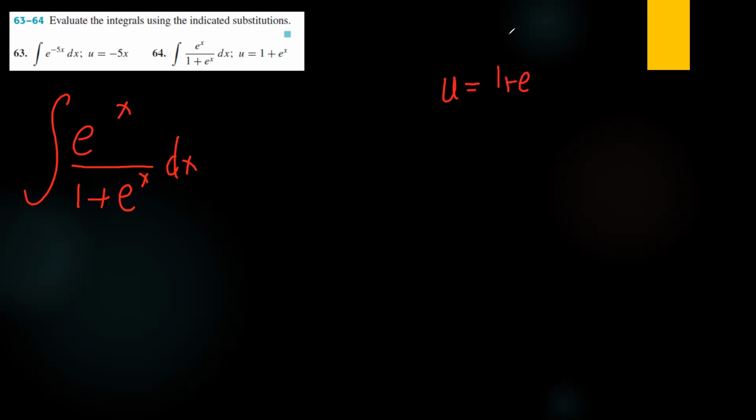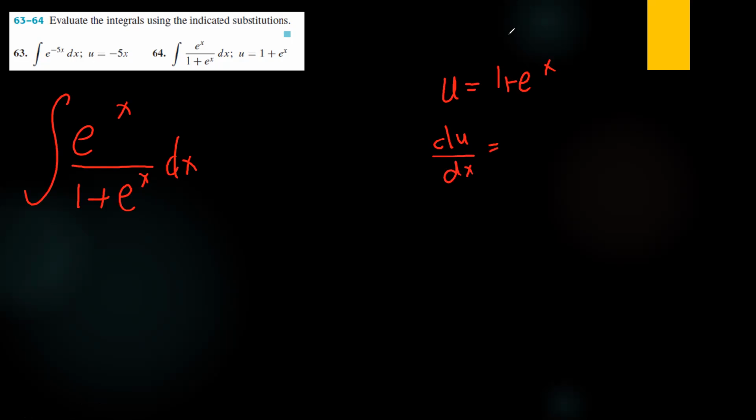Number 64 here, evaluate the integral of e to the power x over 1 plus e to the power x dx. And they told me to assume that u is 1 plus e to the power x. Now, if u is 1 plus e to the power x, so du over dx will be what?